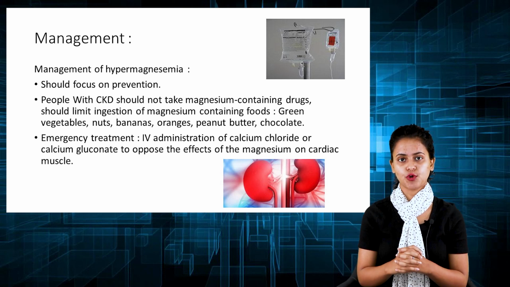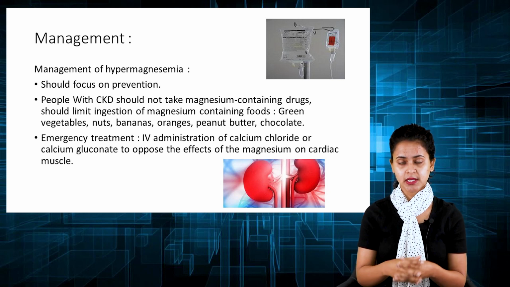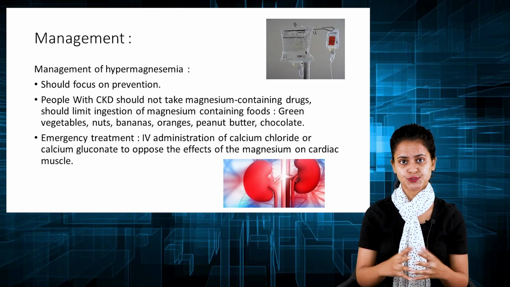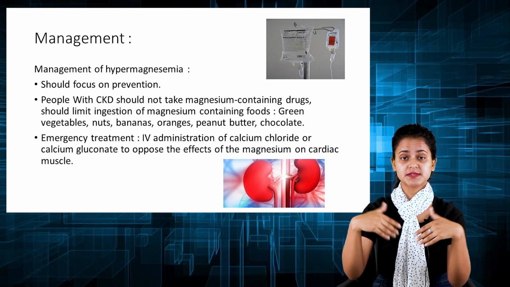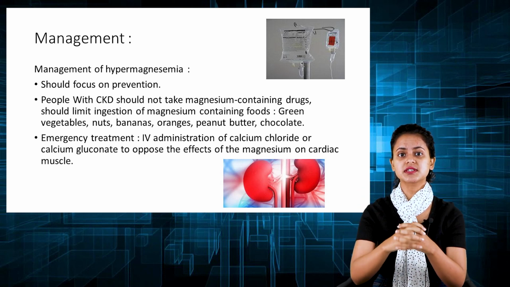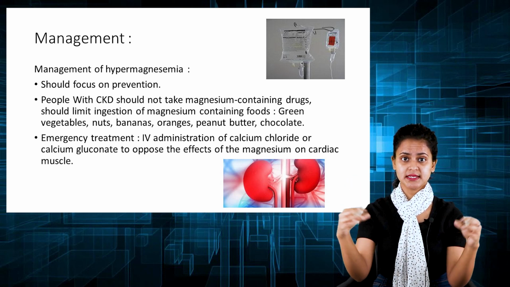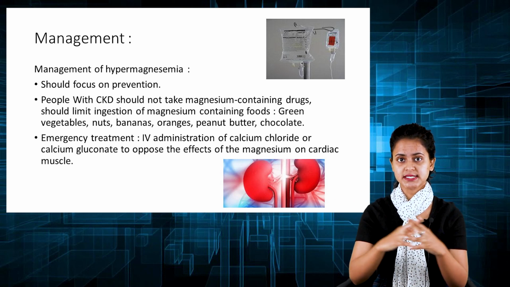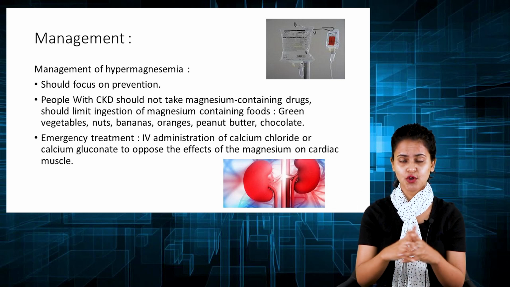Intravenous administration of calcium gluconate or calcium chloride plays a very important role in reducing the signs and symptoms. These two agents are administered intravenously to reduce the effect of hypermagnesemia on cardiac muscle activity, the contraction and relaxation. That is how we prevent the development of signs and symptoms.